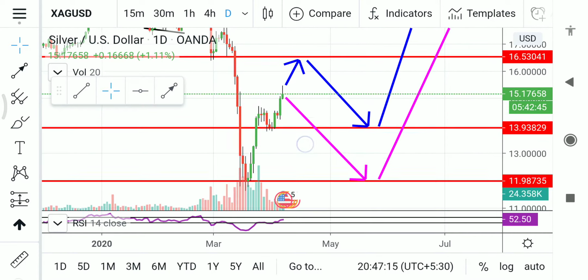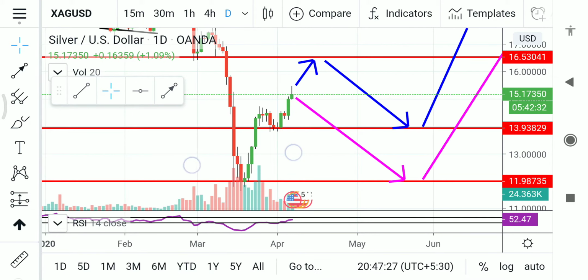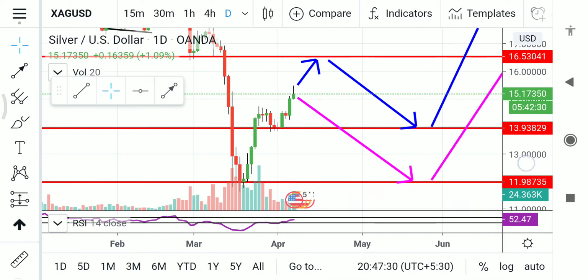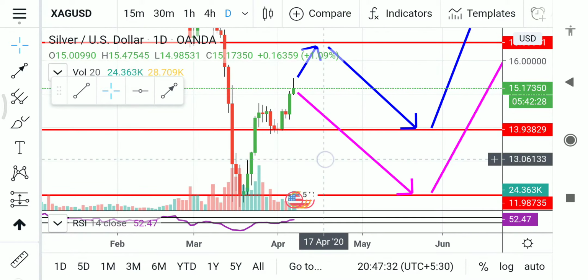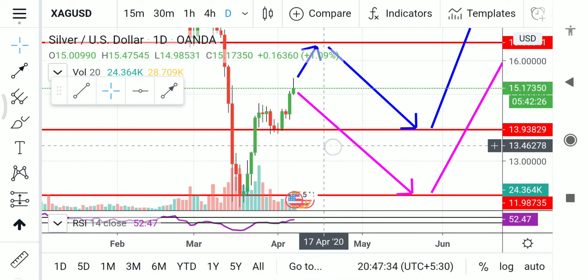Either it will fall down from here if the corona's lockdown extension goes on and there is a further drop in demand. There is a chance of gold and silver falling.